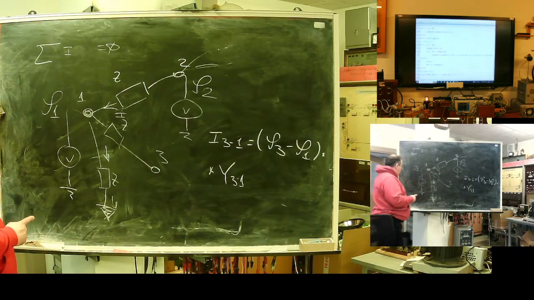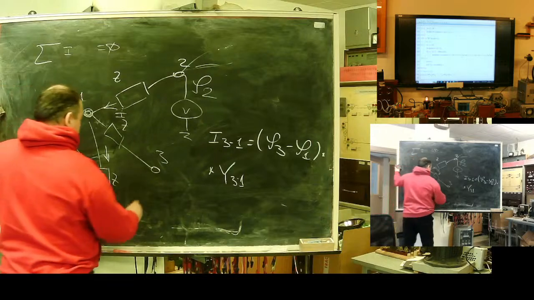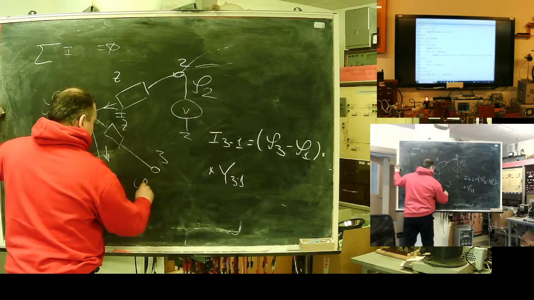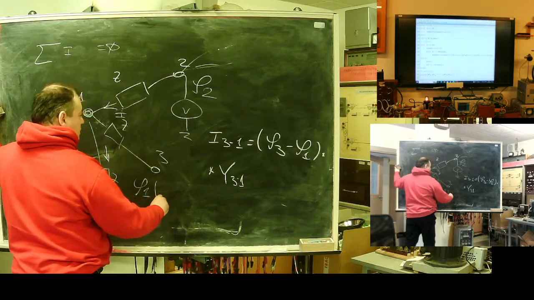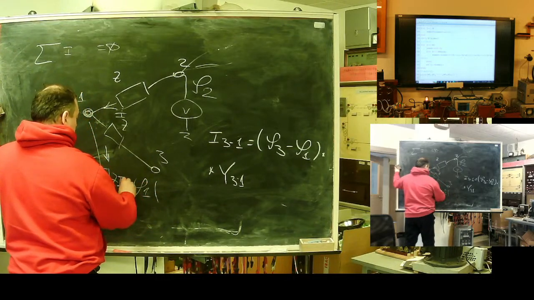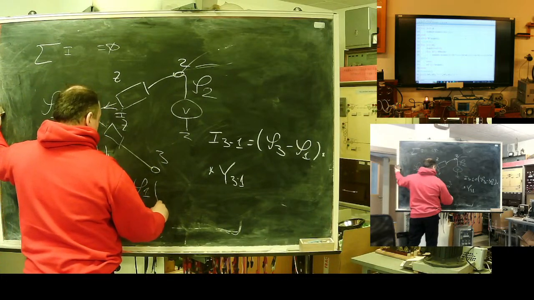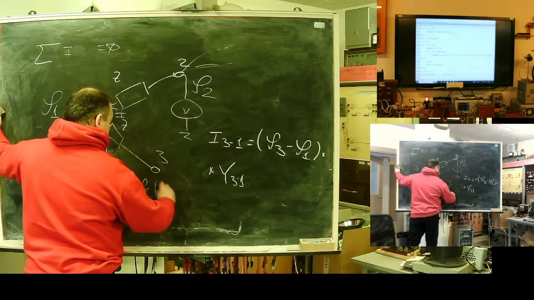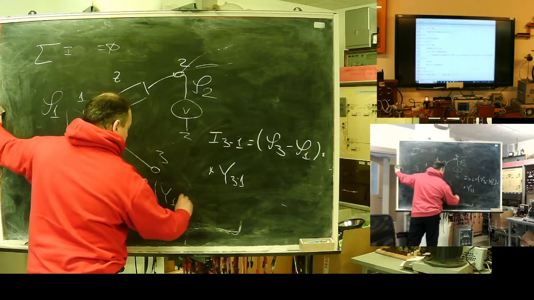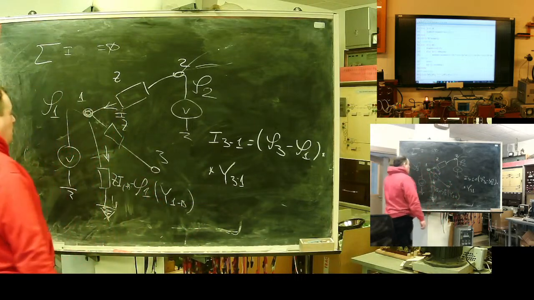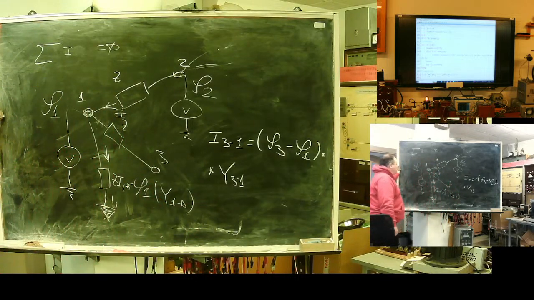So this will allow me to write P1 multiplied by this current 1 to base equals P1 multiplied by conductance 1 to base, and all of them are 0.